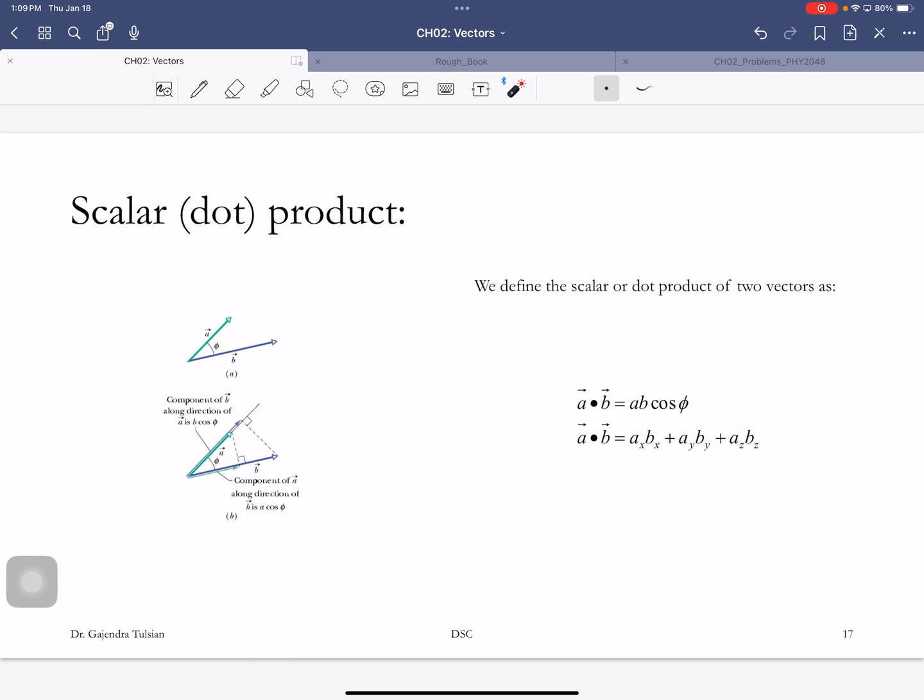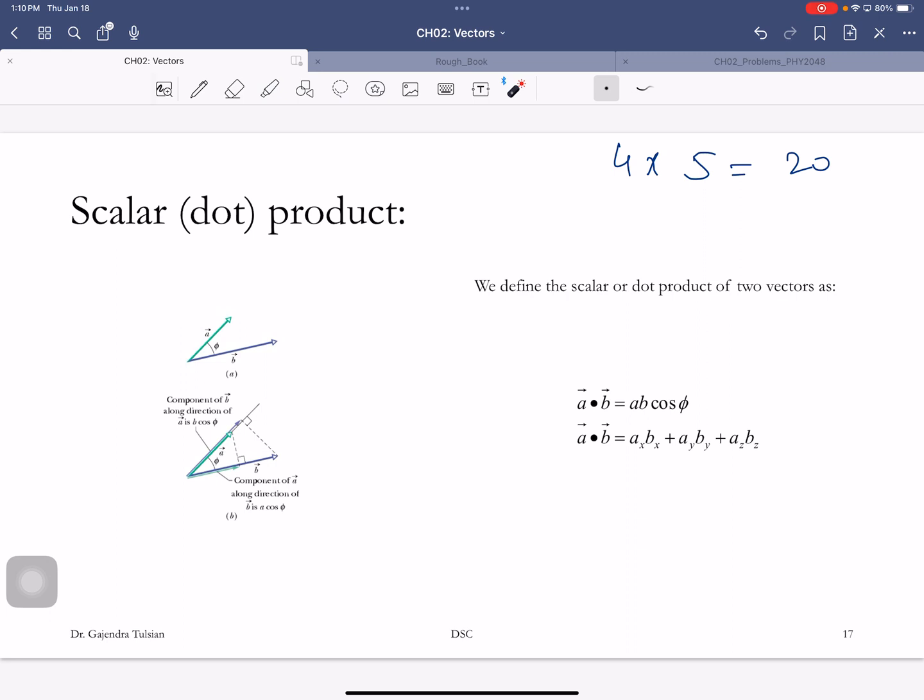All right, now we'll learn how to multiply vectors. When it comes to numbers, there's only one way of multiplying them. Vectors are slightly more complicated, and it turns out that there are two ways of multiplying them. One product is a scalar product, and the name comes from the answer being a scalar.